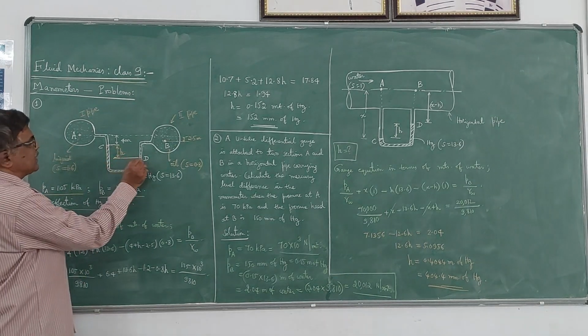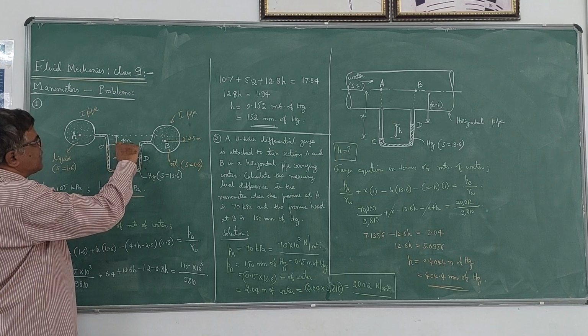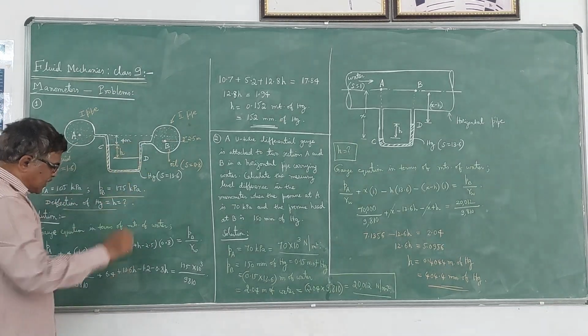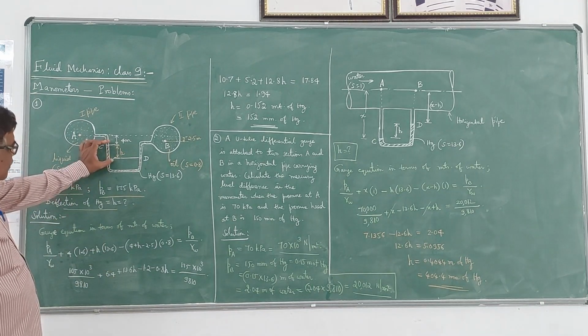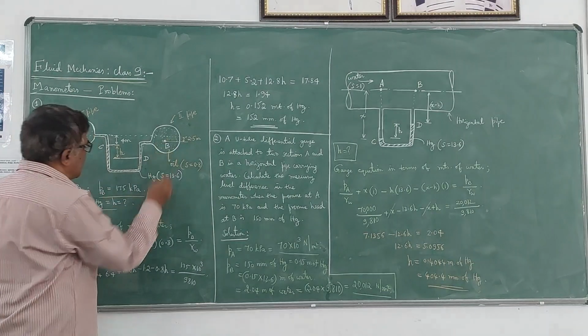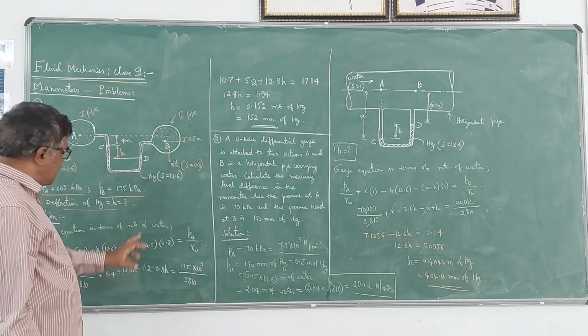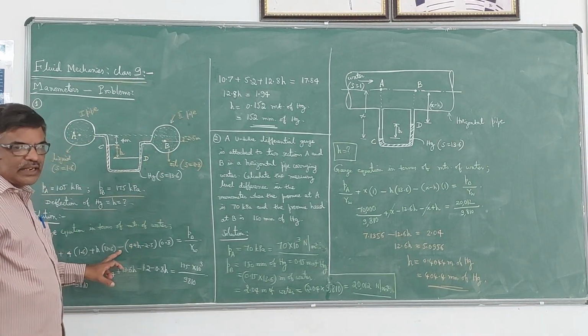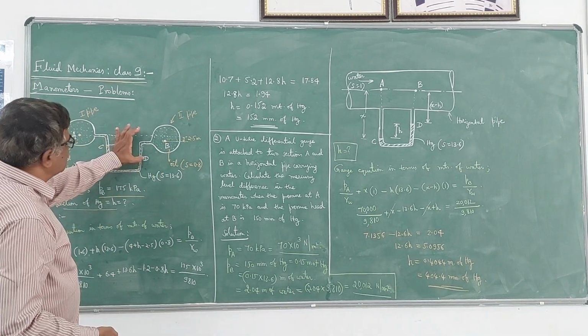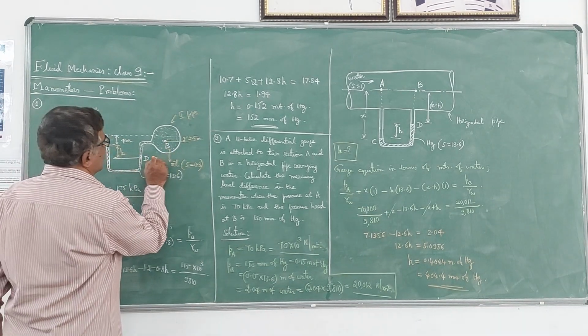Then the next point is D. The elevation difference is h here, and the specific gravity of mercury is 13.6. So h into 13.6. Then the next point is B. Here B is above D. That means we have to take a minus sign here, because the pressure at B is less than pressure at D, and this elevation difference we have to take now.